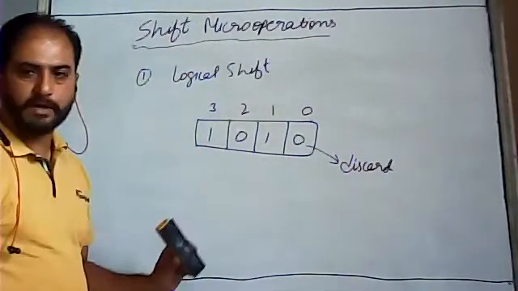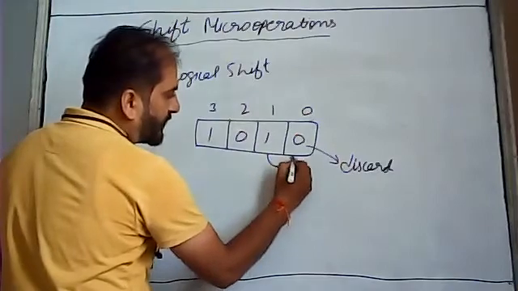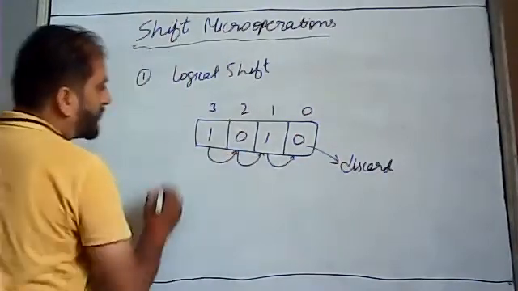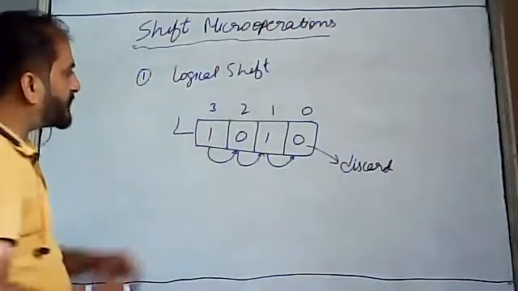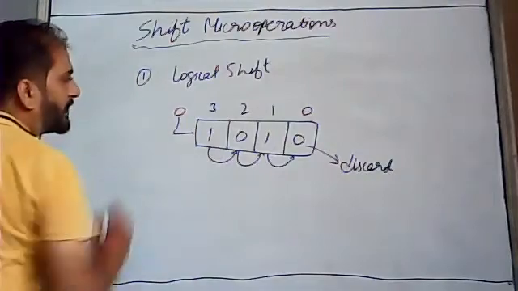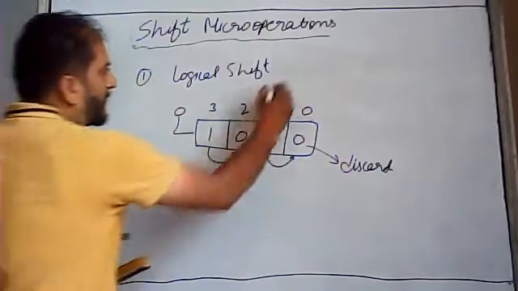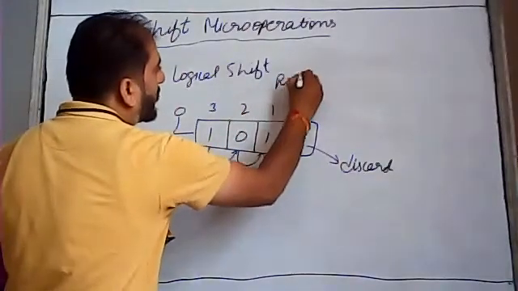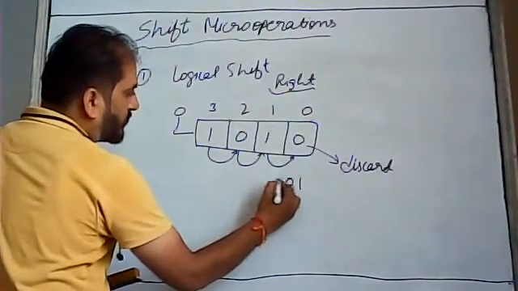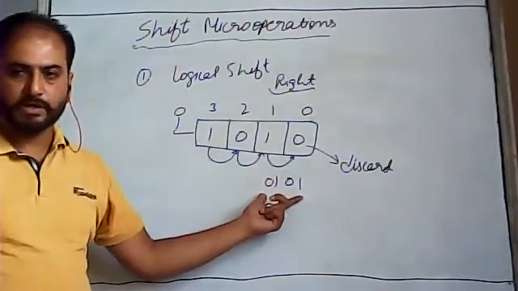This one bit is shifted here, and this one is shifted here, and this one is shifted here, and at the position of 3, we will insert 0. So the output of logical shift right is 1, 0, 1, 0.